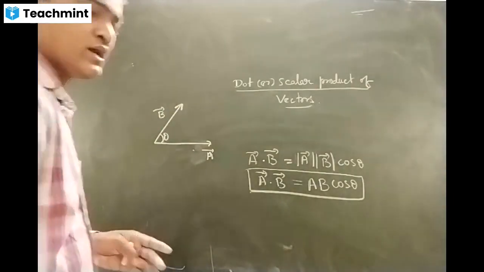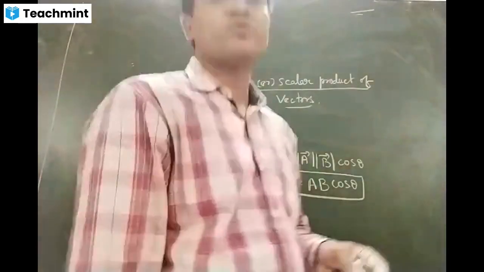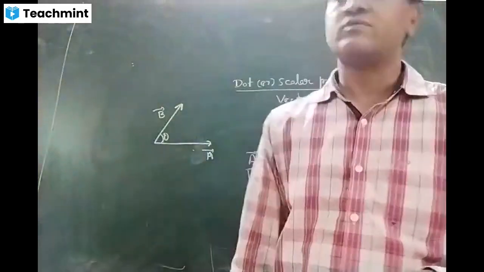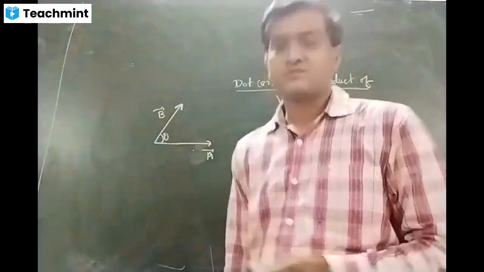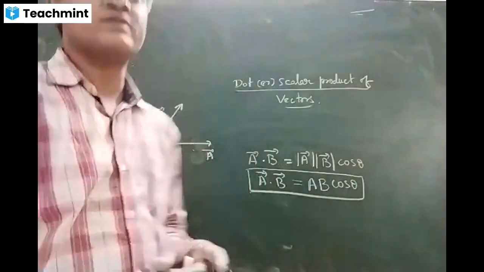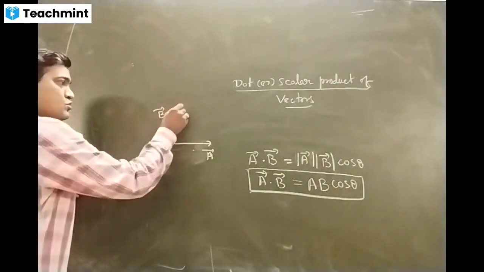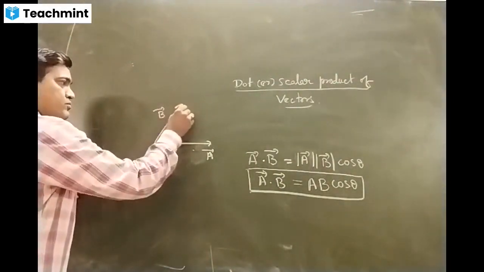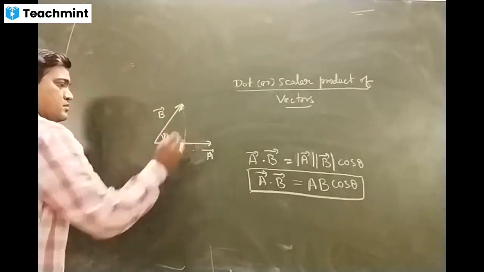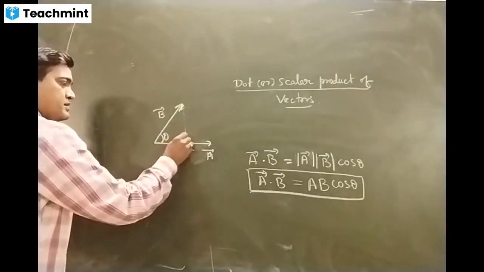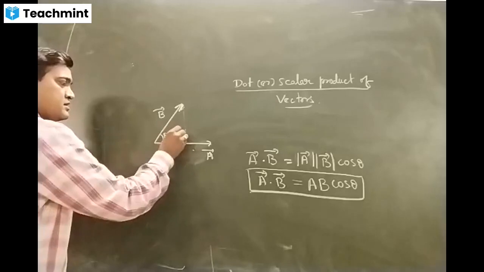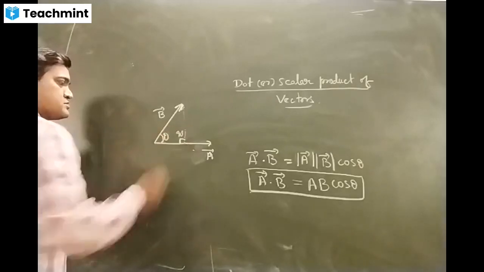Whenever you have an inclined vector, you can resolve that vector into components. So how to resolve this? We drop a perpendicular, and the angle there is 90 degrees.